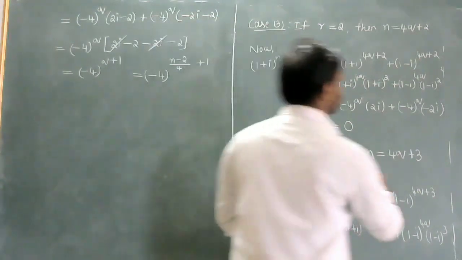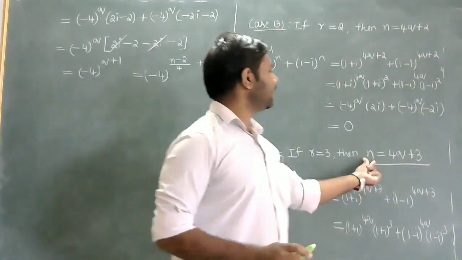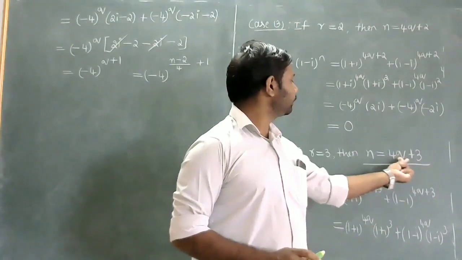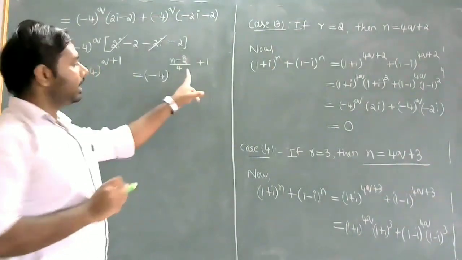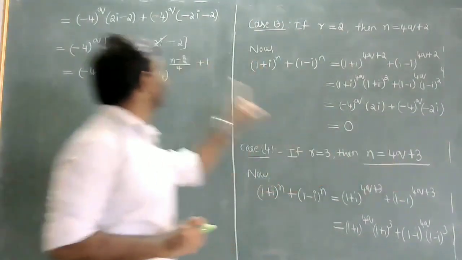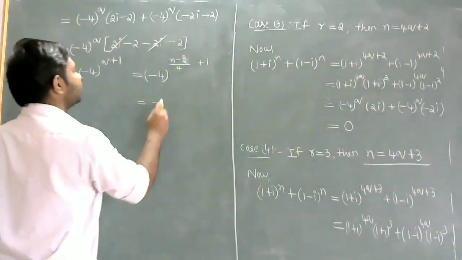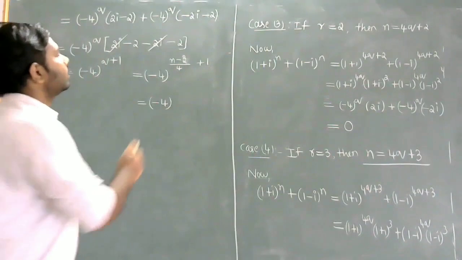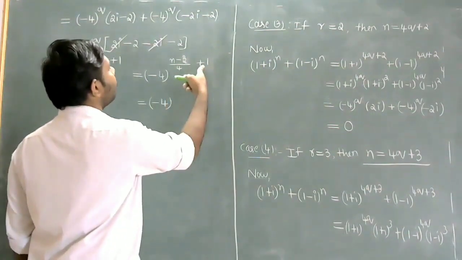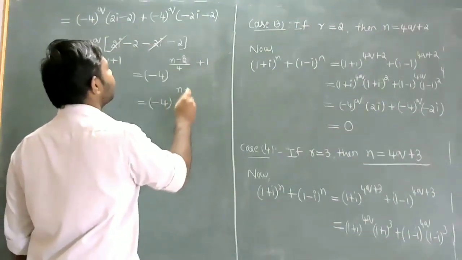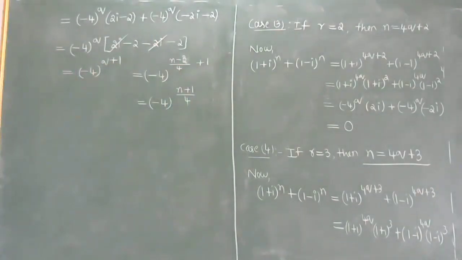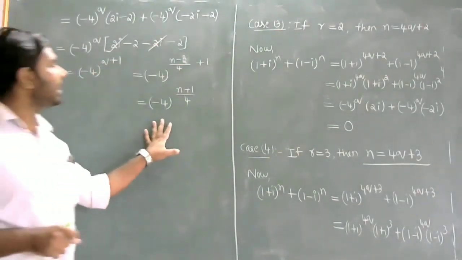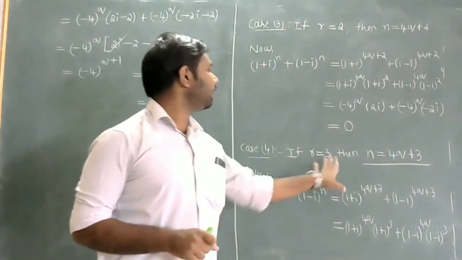N value is 4q plus 3, so q will be (n minus 3) by 4, plus 1. So it is (minus 4) to the power, 4 ones are 4, so it will be (n plus 1) by 4. So this is the value of this number when remainder is 3.